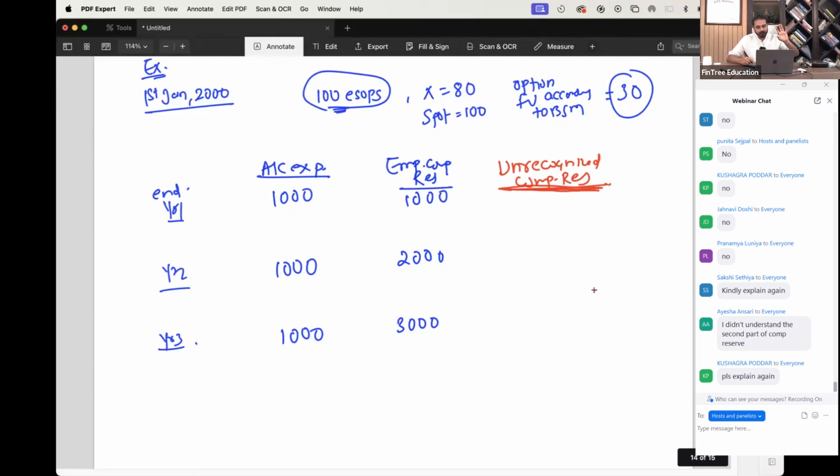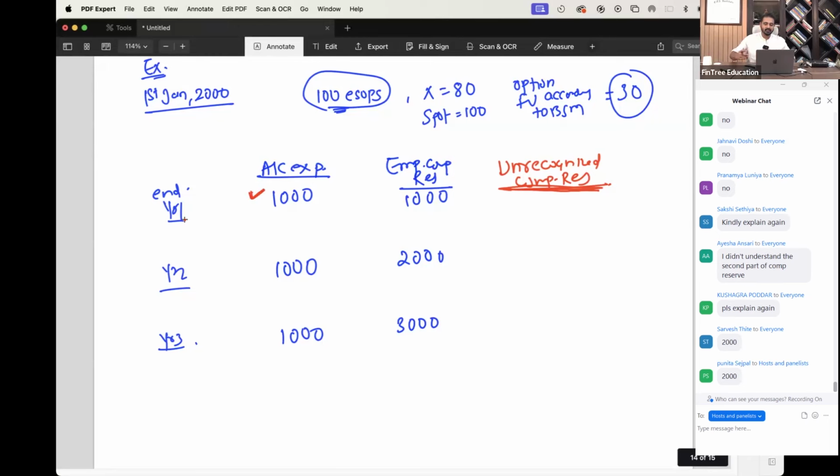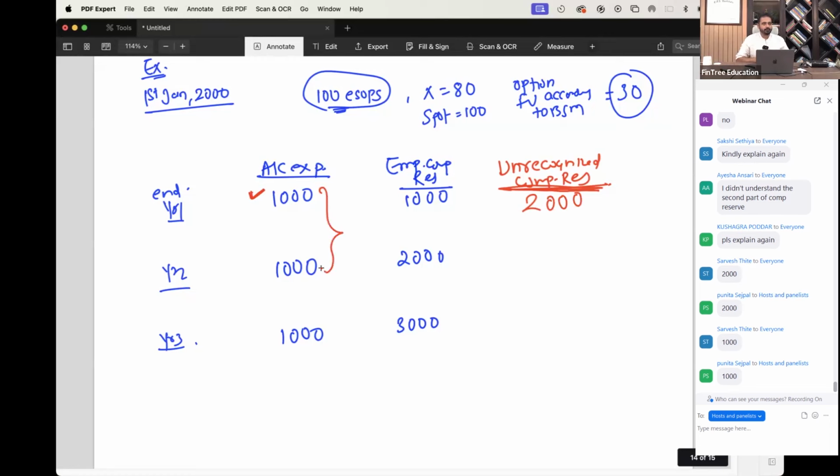Okay. So total expense over a period of 3 years is how much? 3000. Out of that 3000, first year you recognized how much? 1,000. So how much amount is yet to be recognized? 2,000. That is called unrecognized comp reserve. Are you getting hang of it? Second year, total expense is 3,000. Till date, I've recognized how much? 2,000.